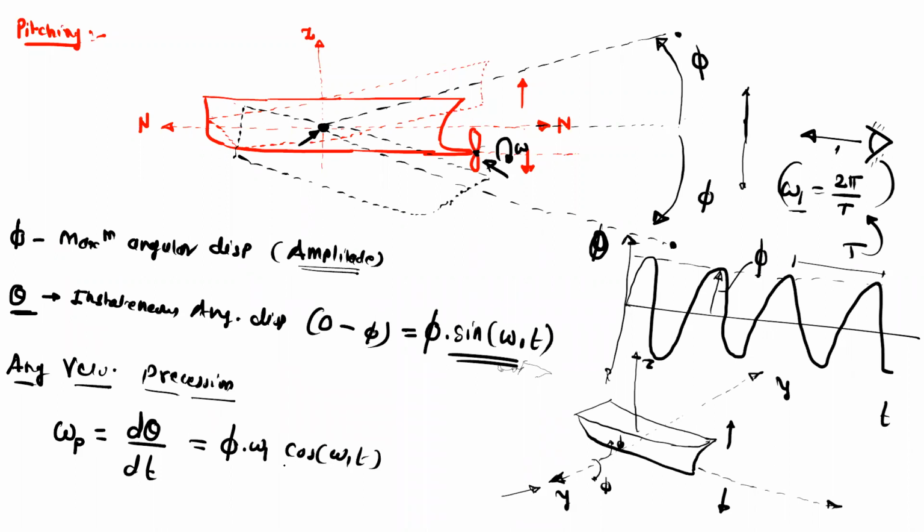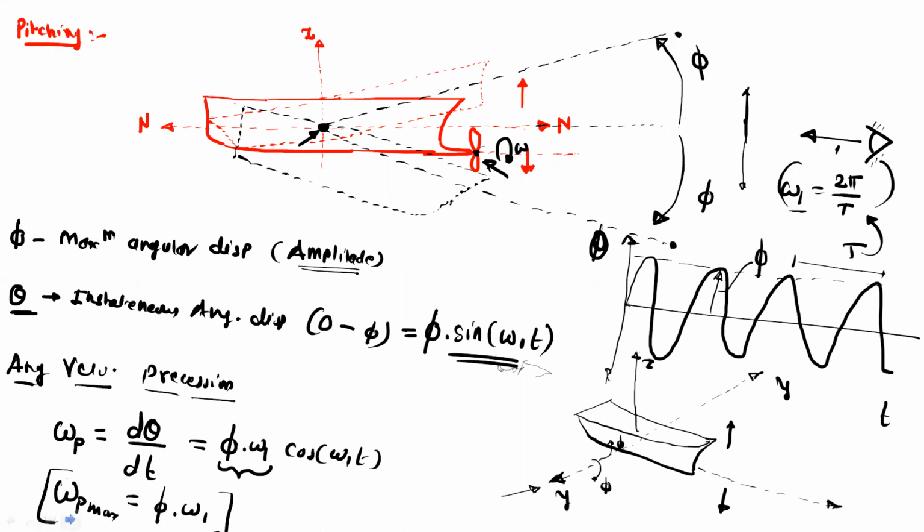So this maximum velocity is nothing but phi into omega 1. If you put omega 1 t as 0, we will get that maximum value. So omega p max is nothing but phi into omega 1. This is the angular velocity of precession.